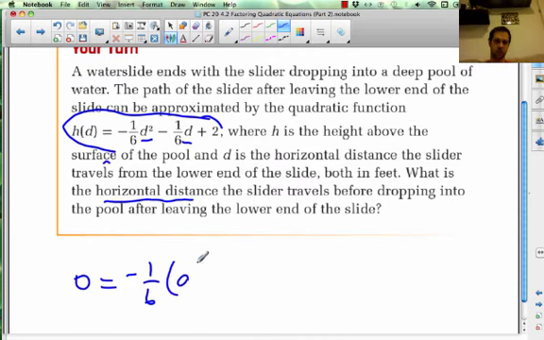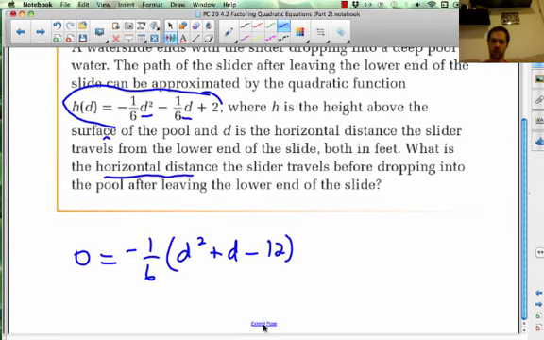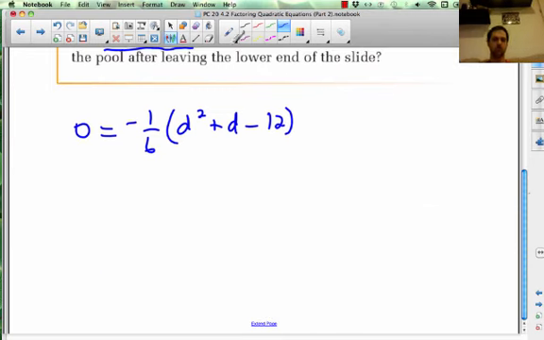That will leave us with d squared plus d. Now if we divide positive 2 by negative 1/6, it's the same as multiplying by negative 6, which will leave us with negative 12. And now this looks like something very familiar and easy to solve for.